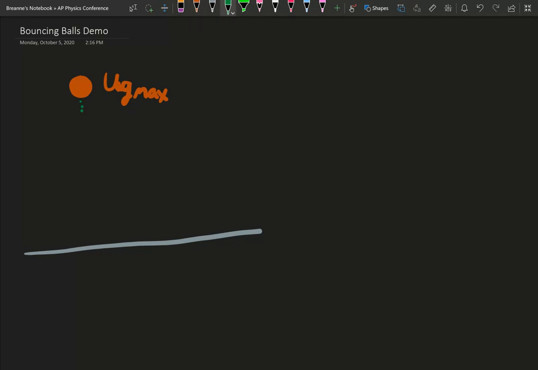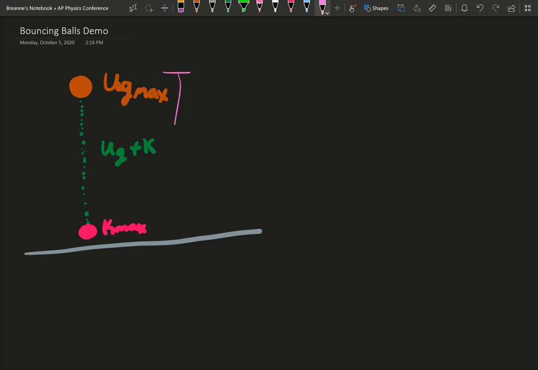As it starts to fall, that gravitational energy is getting turned into kinetic. So again, it's an even transfer. Right before it hits the ground, you're going to have max kinetic.